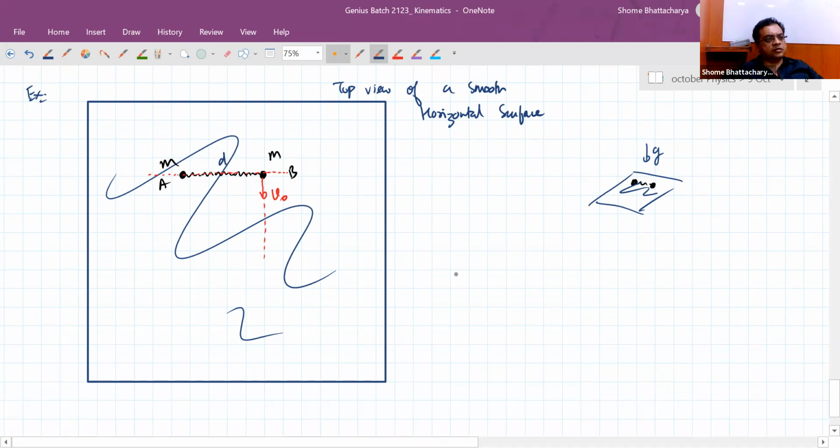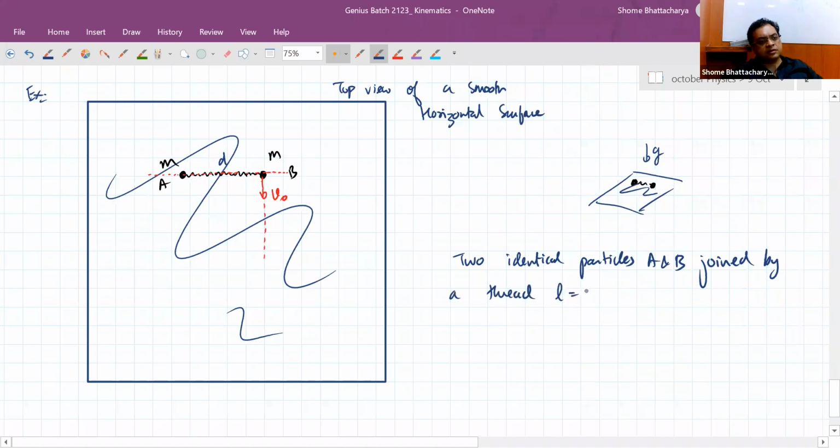So two identical particles, A and B, joined by a thread of length 15 centimeters, are at a distance of d equal to 12 centimeters initially.